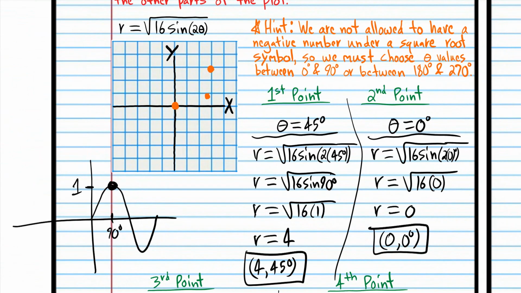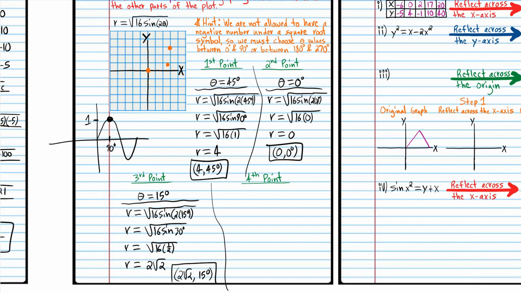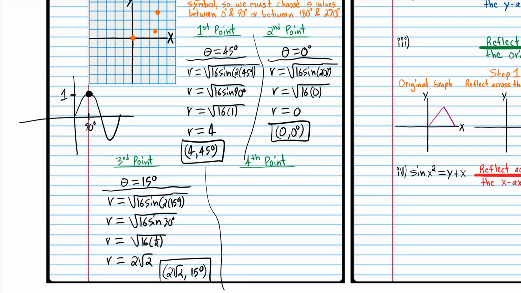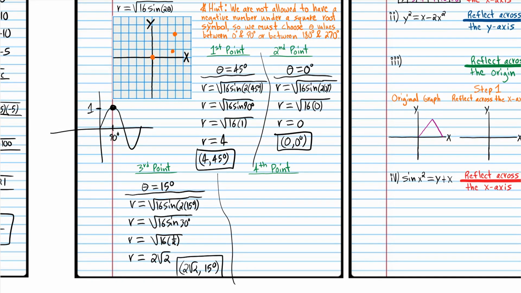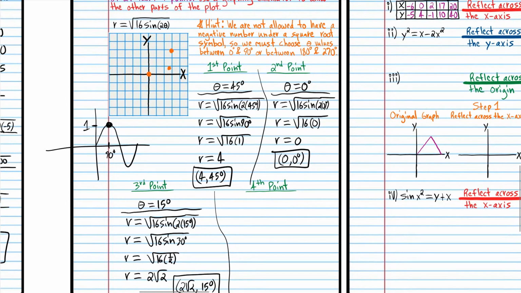So now we can find one more point. Now we're going to graph this in our calculator because we'd be here all day trying to find points in order to see exactly what this is going to look like. But we may not be able to find values that we like between 0 and 90. So we're going to have to go up to 180 to 270. And the reason we have to skip is because r cannot be negative, because the square root of a number cannot be negative.